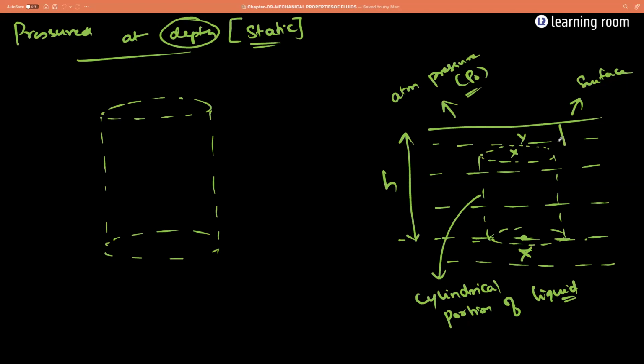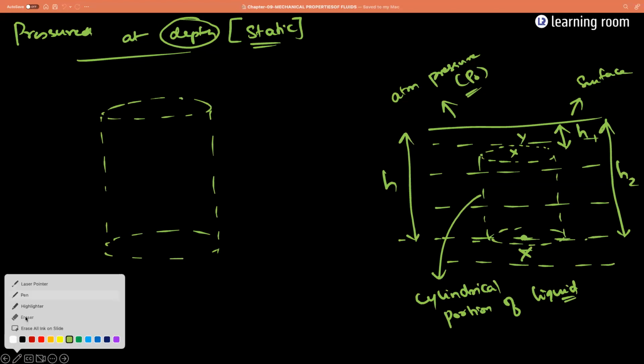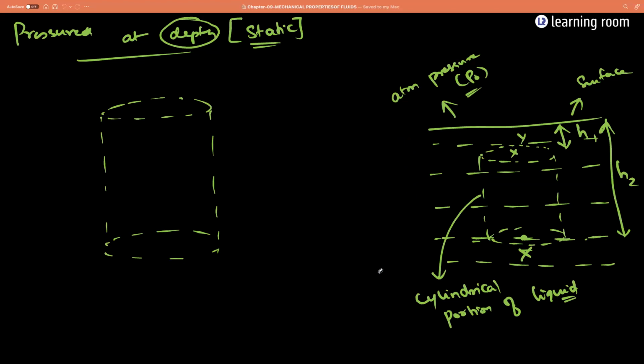From the surface, this depth is h1 and this depth is h2. That is, this h itself I've changed to h2. Then what is going to be the length of the liquid column that I have considered? h2 minus h1. Is it clear?